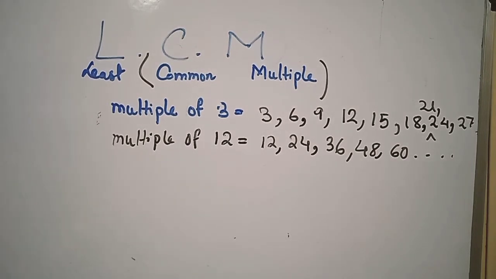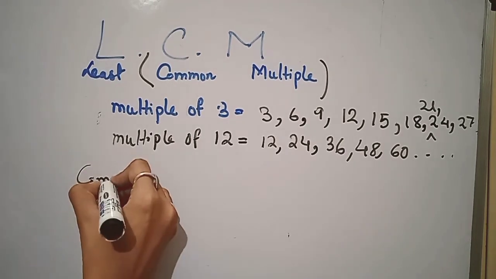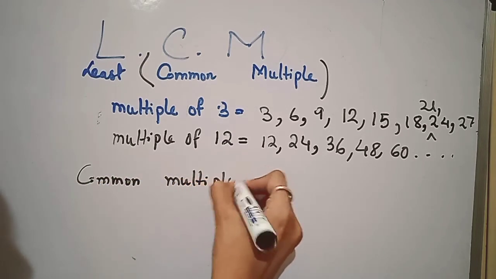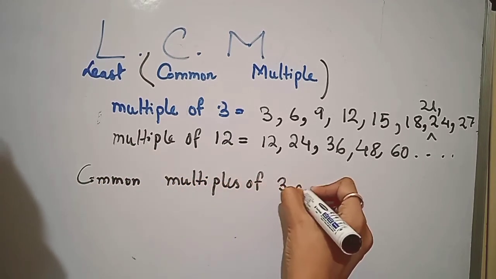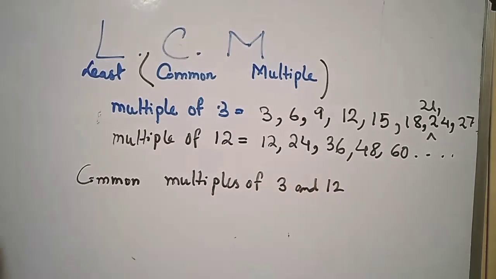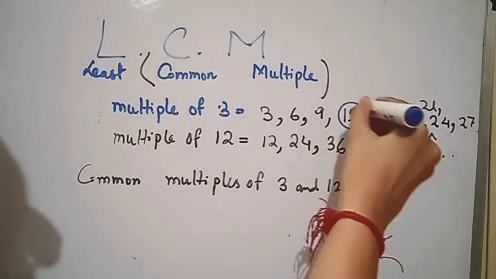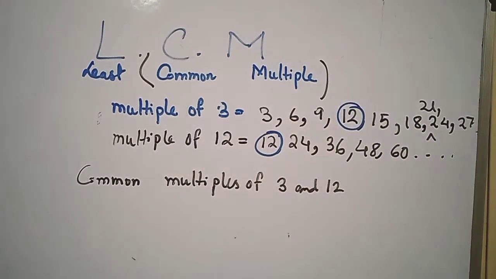Now I want to find the common multiples of 3 and 12. As I see, 12 is common in both the multiples of 12 and of 3.